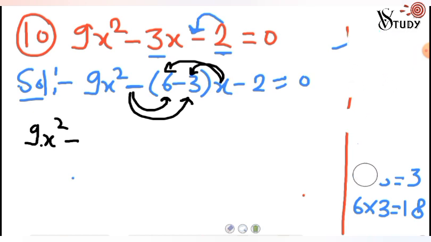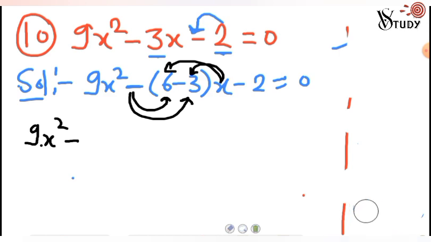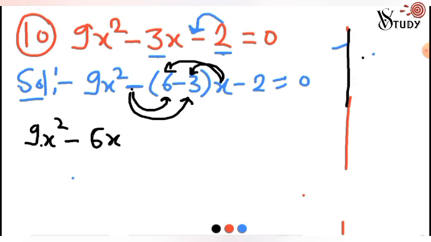Let's clear this space for some rough working. So we have 6x. Now again this negative will be multiplied by negative 3. Negative multiplied by negative is equal to positive. So we have positive 3x minus 2 is equal to 0.